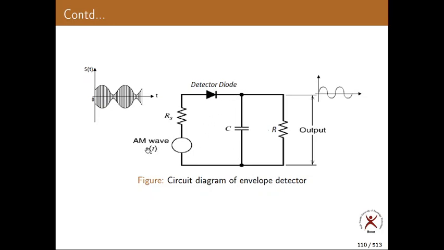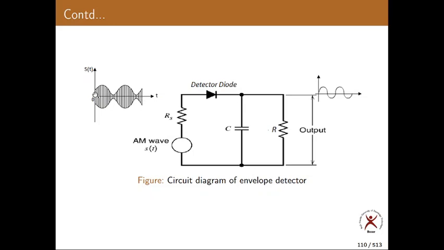Why? Because S of t is connected to the circuit. What is S of t? This signal only. S of t is connected through the resistor RS, the diode is short circuited, and your capacitor starts charging. Let me repeat. Initially the capacitor has no charge, which means the voltage across it is 0.